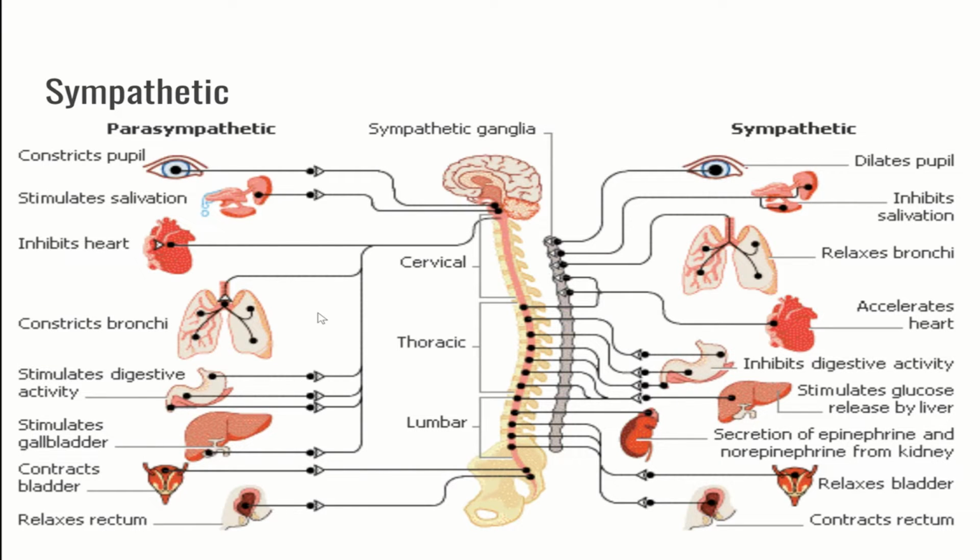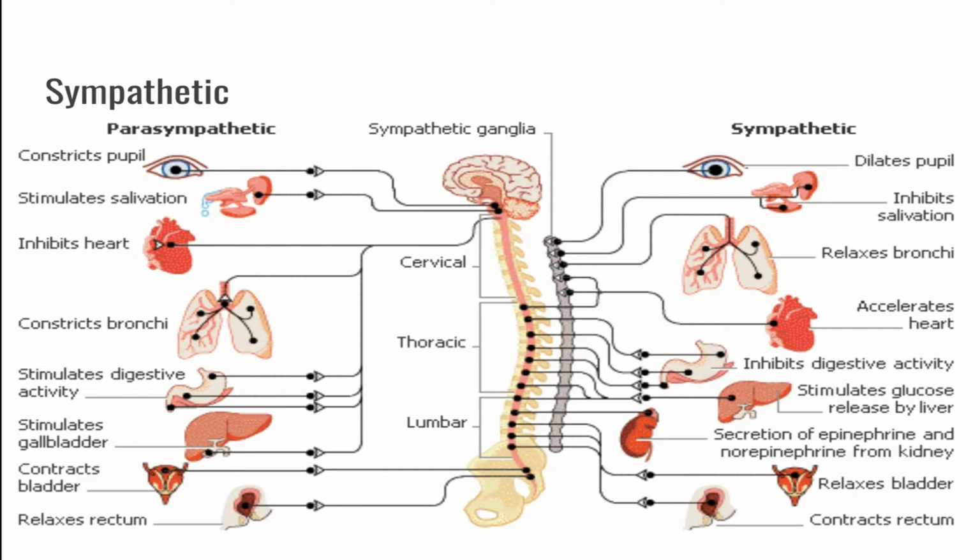And so generally how people think of the sympathetic nervous system is that this is the side that is going to be in charge of our fight, flight, or freeze responses. So things like it's going to dilate our pupils. It's going to inhibit salivation. It's going to relax our bronchi so that we can take bigger breaths.